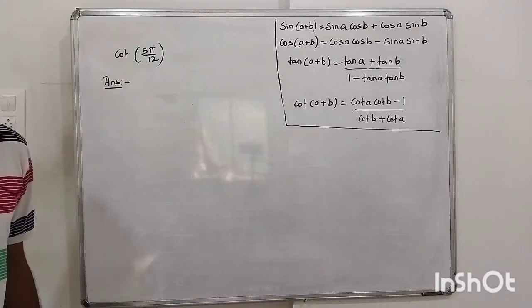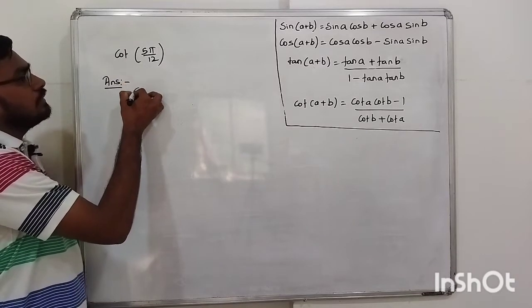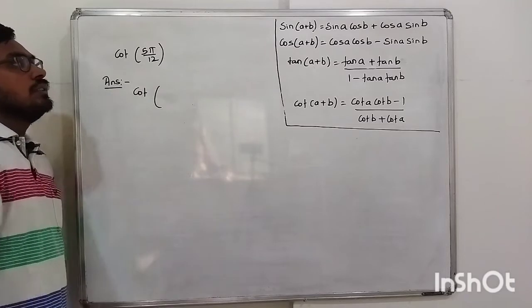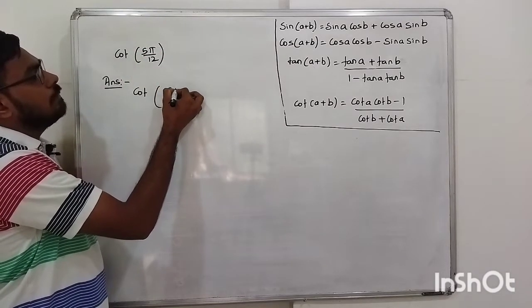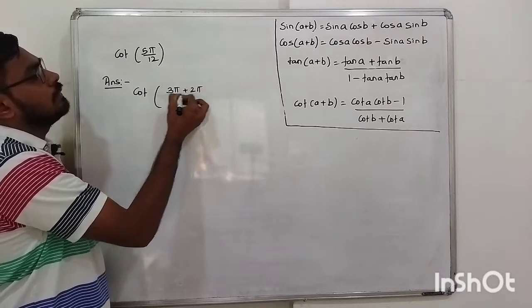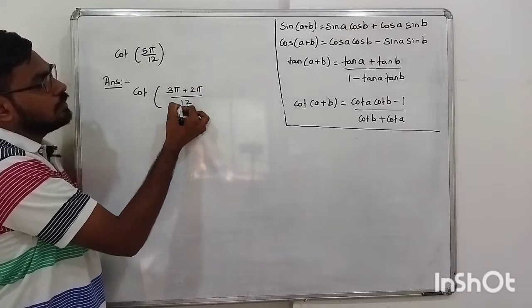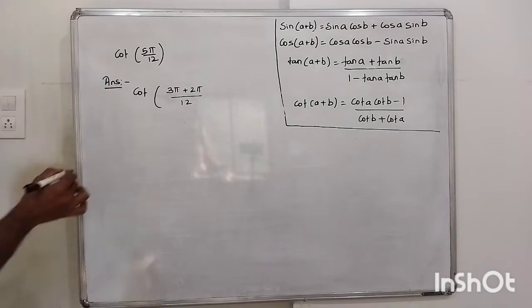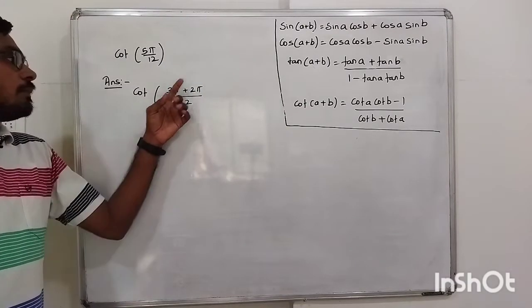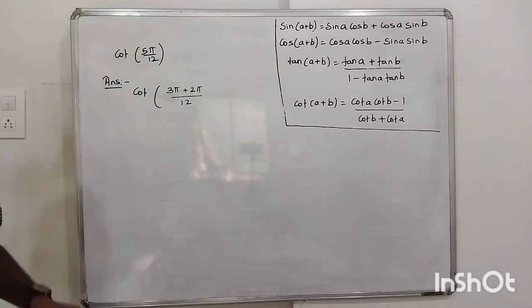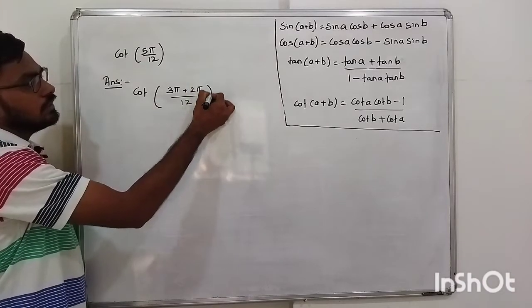Okay, so see, if I simplify this, 5 pi by 12 is 3 pi plus 2 pi upon 12. Now 3 pi upon 12 is pi by 4 and 2 pi upon 12 is pi by 6, and we know pi by 4 is 45 degree and pi by 6 is 30 degree. Okay, so using this we can simplify.